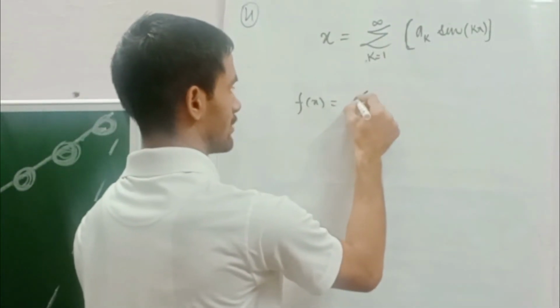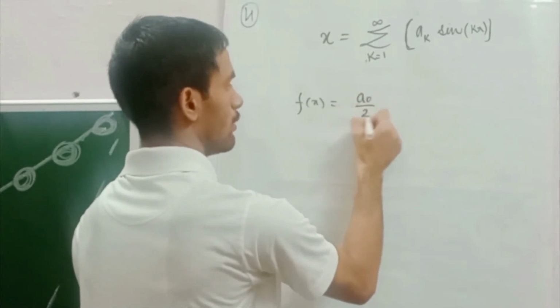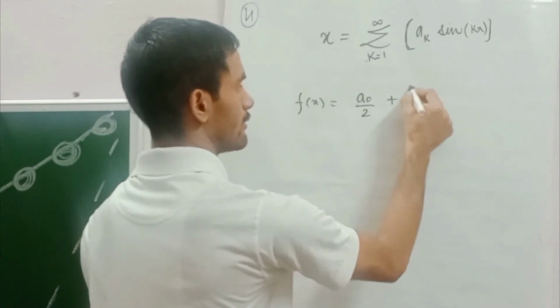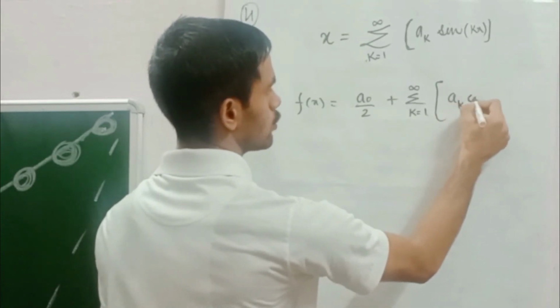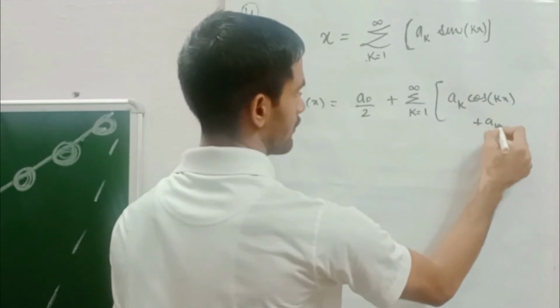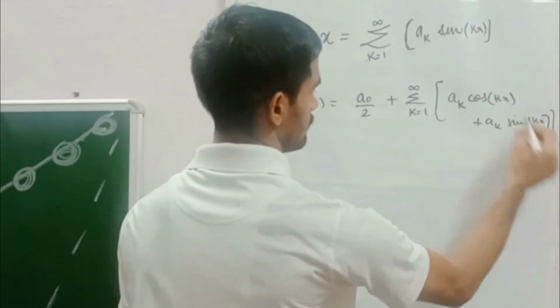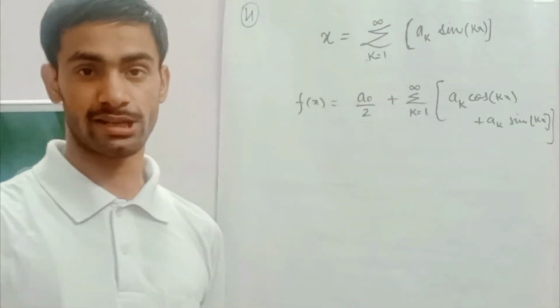So this is a naught by 2 plus summation of k equal to 1 to infinity of a of k into cos of kx plus b of k into sine of kx. This is the general form of Fourier series.